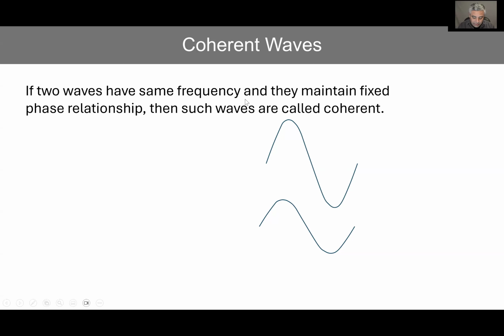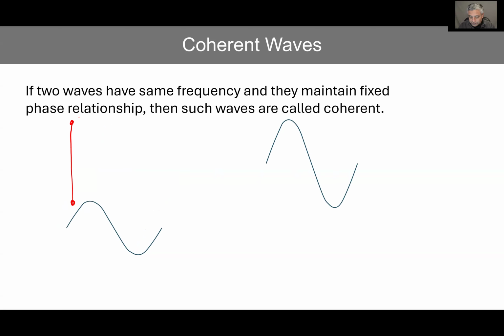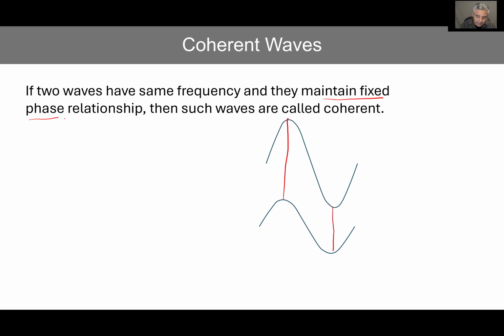For example, the peak was lining up with the peak here, right? And then both of them move the same distance. And when they did, peak and peak are still lined up, trough and trough are still lined up.